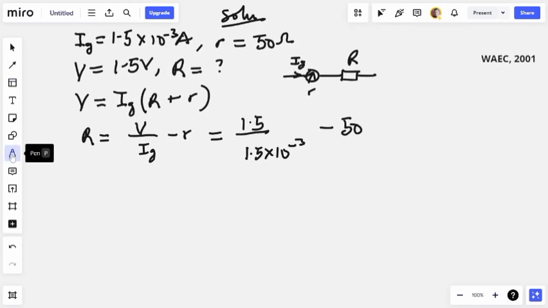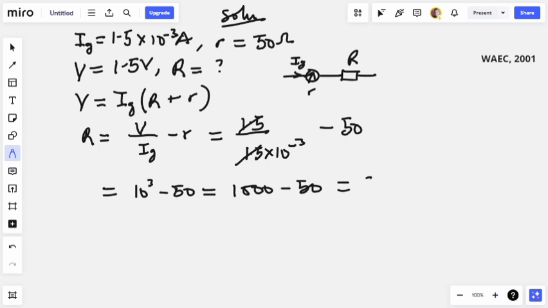So if we process that, 1.5 will cancel 1.5, and 10 raised to power minus 3, if you take it to the numerator, becomes 10 raised to power 3. So we have 10 raised to power 3 minus 50. 10 raised to power 3 is 1000. 1000 minus 50 is 950 ohms.